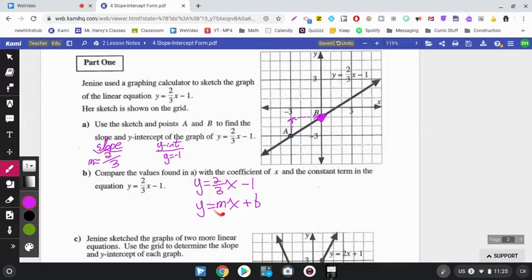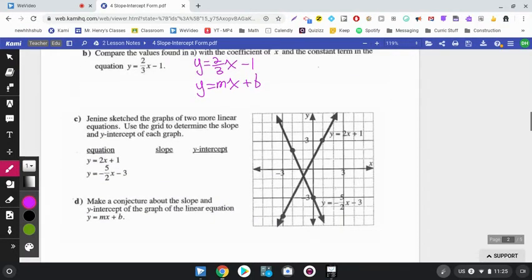So absolutely, that m value, that 2/3 we found, is the coefficient in front of the x, right? That m is slope. We use m for slope. That's why it's the letter m. It's there on purpose. And you think, okay, well, what about the b? Well, the b value is negative 1. Oh, that was my y-intercept. Huh, that's pretty interesting.